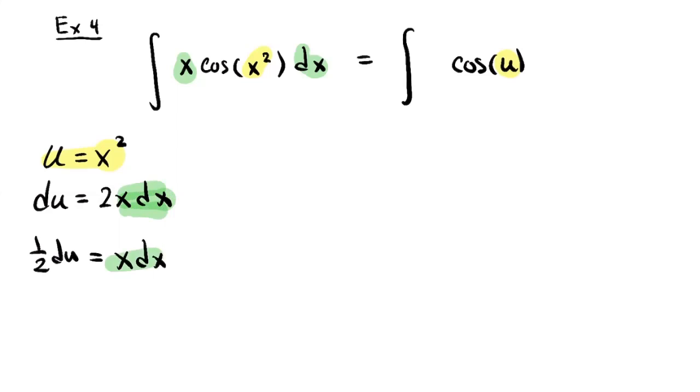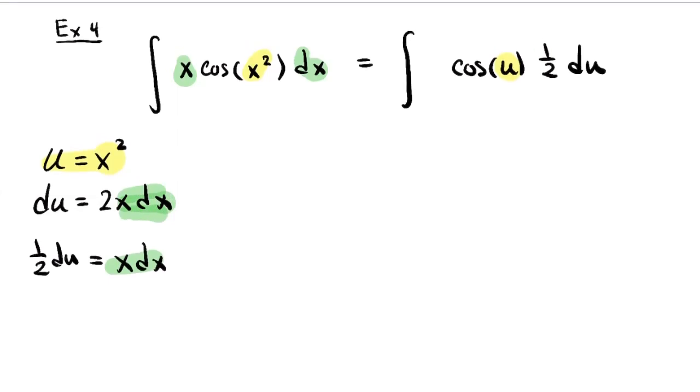Okay, so we have to be honest and replace equals with equals. So what's left is x dx. So I replace that with 1/2 du. All right, so now we're accounted for. Everything has been equal. But that 1/2, I'm just going to bring this over here so I have some more room. 1/2 is a constant. I don't have to put it in that integral.